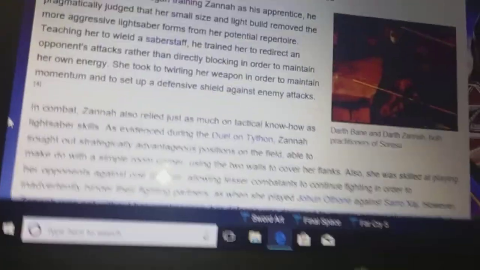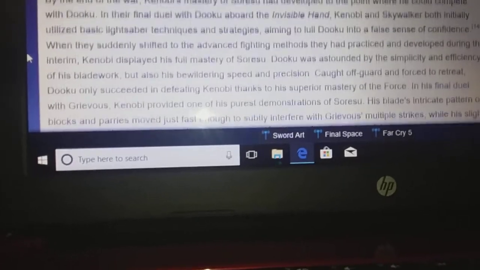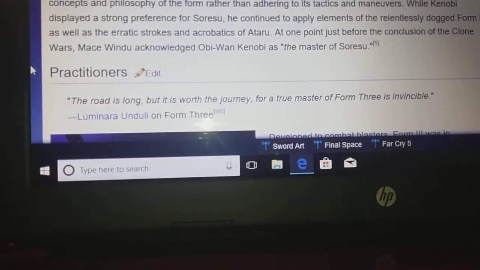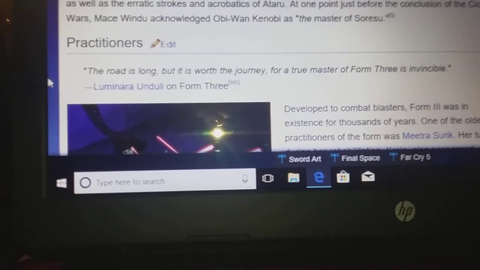Anywho, but basically, yeah, this entire time, I thought that Kenobi was using Form 6. So anyways, yes, Kenobi is the master of Soresu.